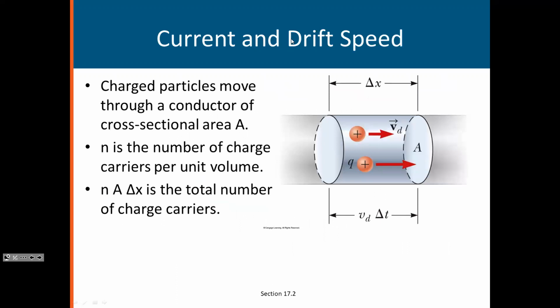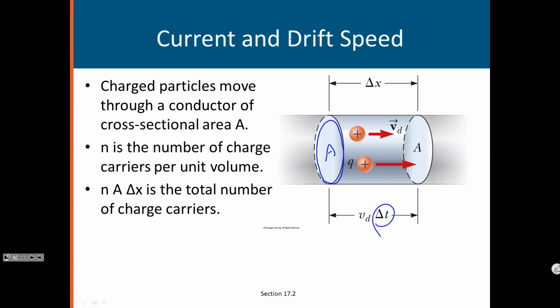Right now, in section 2, we look in detail at the current and how the current is related to the motion of the charge carriers. Let's say a charged particle, like in the picture here, is moving through a certain volume with a cross-sectional area, let's say a circle like that, and we wait for a certain time period delta t.